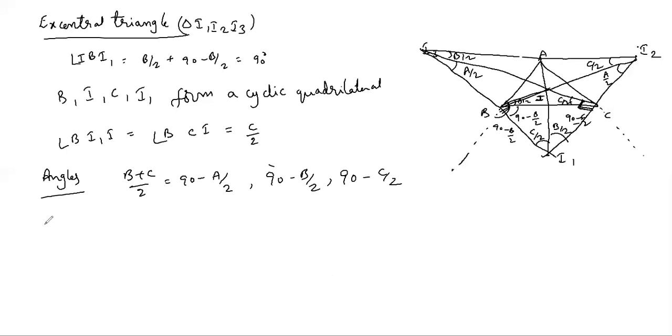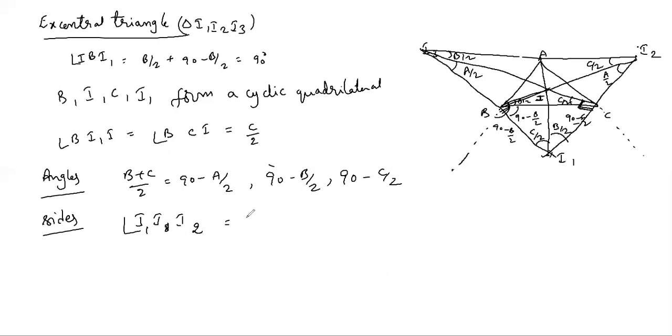So to find the sides, we have to find I1I2. Now you consider angle I1I2, the middle angle at I. This is B by 2, this is A by 2.